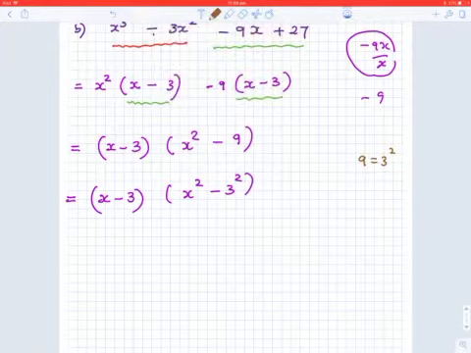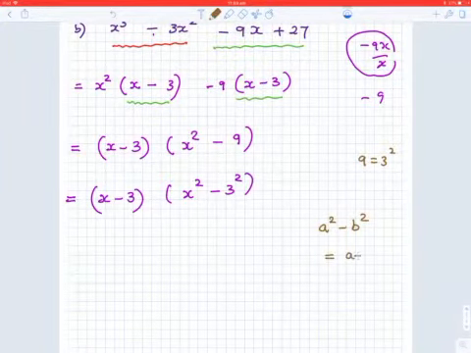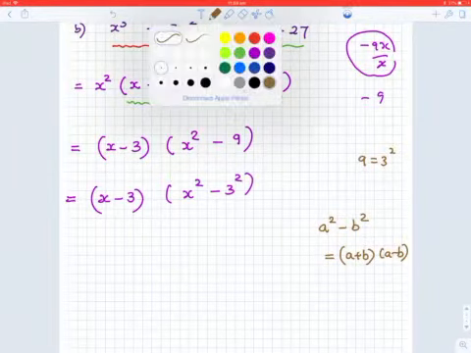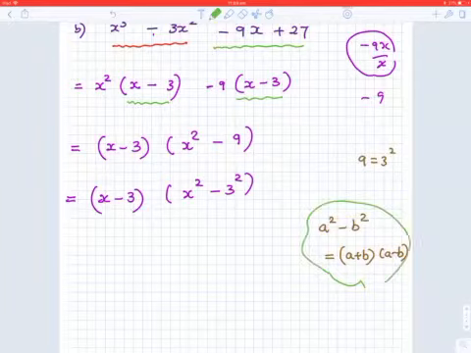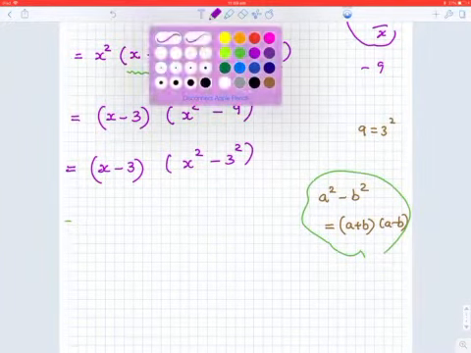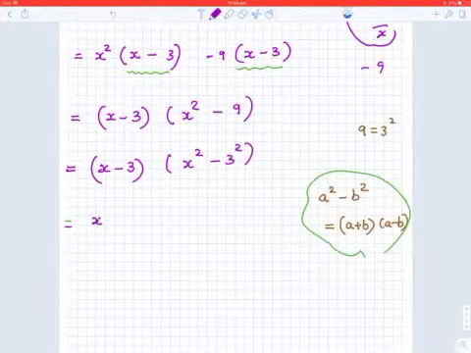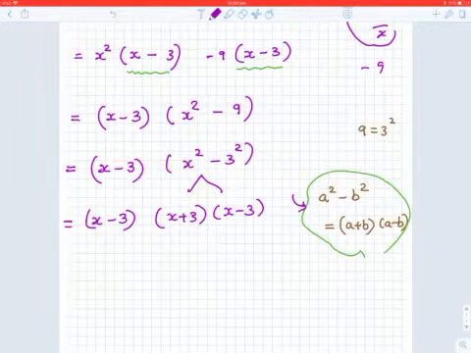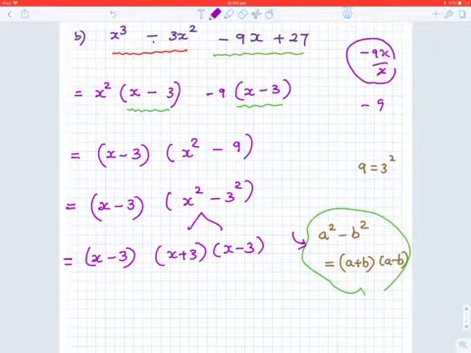Then we know there is a formula we have used before, which is a square minus b square can be factorized as a plus b times a minus b. So I'm going to use that for the second factor. So that means the first factor is x minus 3, and the second factor can be split into 2 as x plus 3 and x minus 3 using this rule.